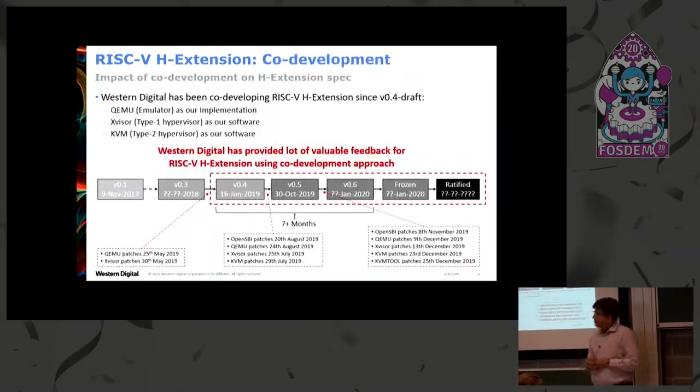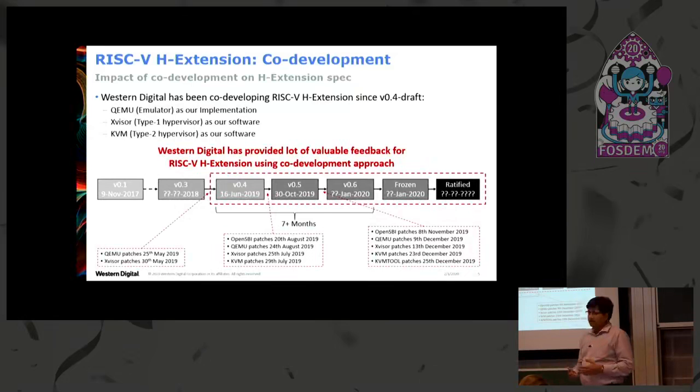Western Digital has been doing a lot of code development for the hypervisor spec, or the H extension spec. We are using QEMU as our RISC-V implementation, and we are using XYZ and KVM as the 2 different hypervisors to validate the spec. This is the timeline of the various draft releases and at what point we open sourced which patches. Over time we have contributed a lot of feedback to the spec community, and because of that feedback, in the recent 7 months there were 3 draft releases, because with every draft release we re-implemented everything and gave feedback.